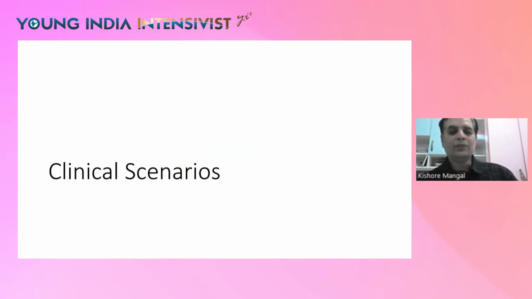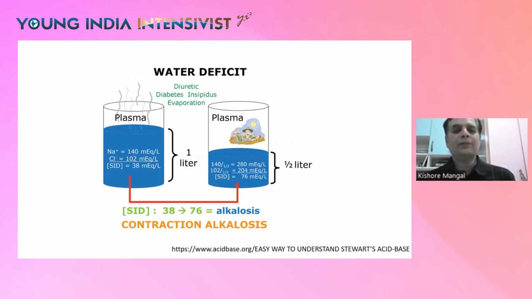So coming to some clinical scenarios where Stewart's approach helps us in understanding the physiology behind some disorders. What will happen if the patient presents to you with a water deficit? That can be because of DI, diuretics, evaporation, or the patient having severe vomiting.